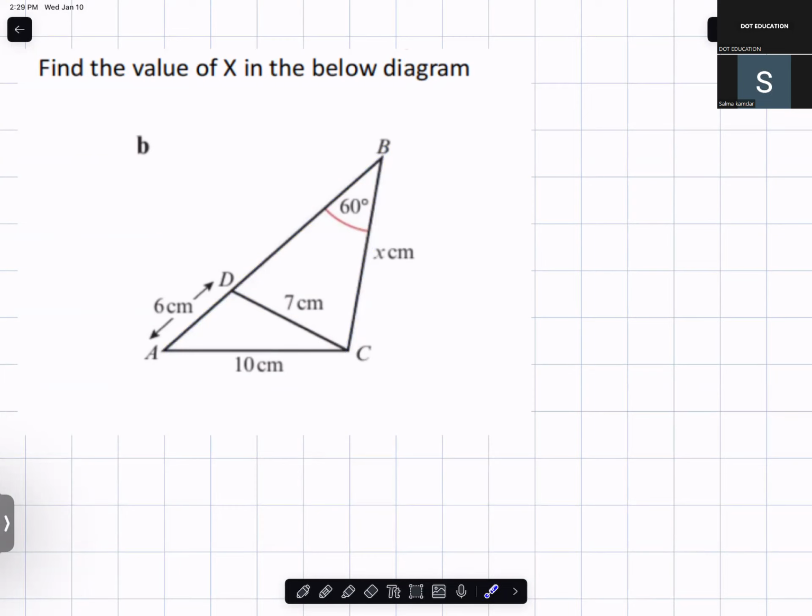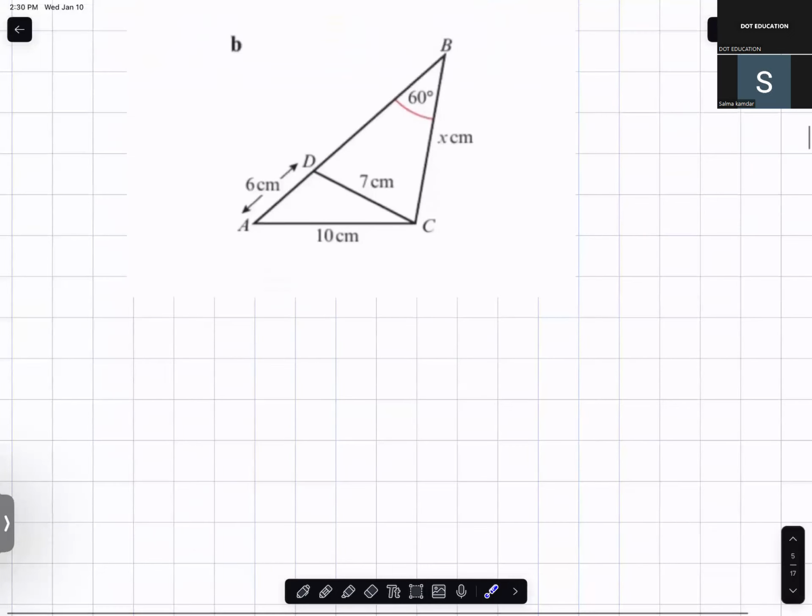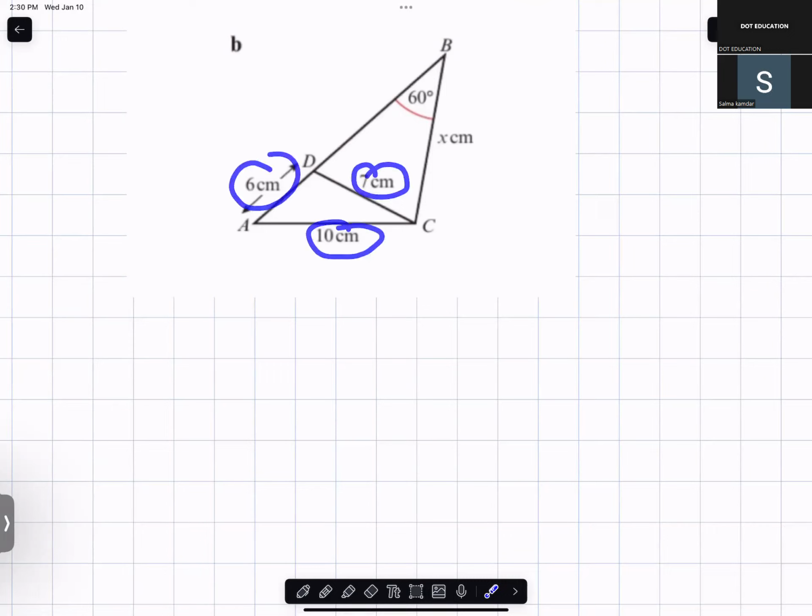So we are going to be applying sine rule and cosine rule to this. So I'm going to divide this triangle into two. I'll take this as the first part. Then you can use it to solve for either the entire triangle or for this triangle. So in the first triangle, what do we have? We have side, side, side.